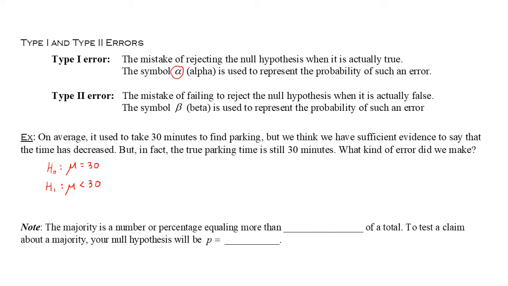Since we rejected the null hypothesis and said that our evidence supports the alternative, but in fact the null hypothesis was true, we made an error because we rejected the null hypothesis when it's actually true. And if you look above, this would be a type 1 error, where we're making the mistake of rejecting the null hypothesis when it is actually true. So this is a type 1 error.